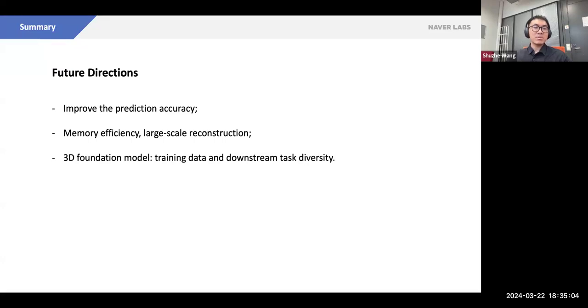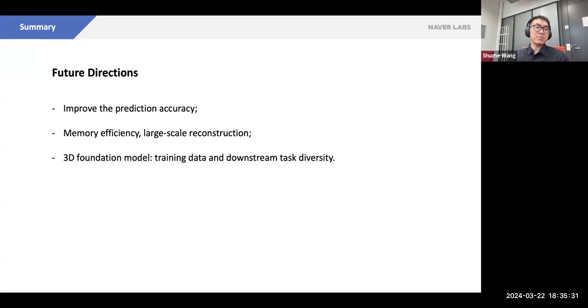So in the next step, what we need to do is to build a more memory-efficient way, either by using knowledge distillation to train a small-scale network, or other engineering efforts to make it flexible to handle more views for larger scale reconstruction.